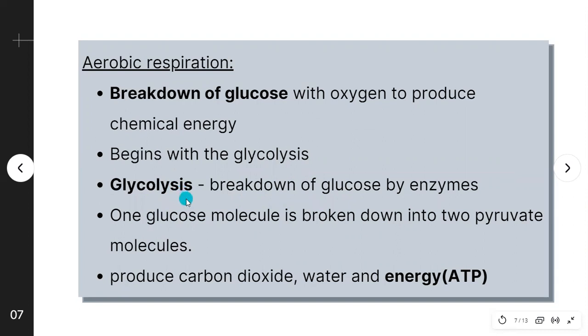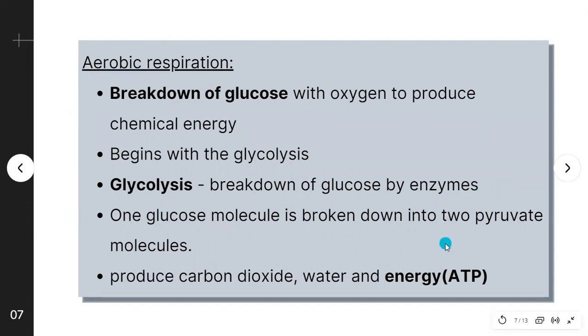You might meet other terms in the future, but for now, just know that aerobic respiration starts with glycolysis, the breakdown of glucose. One glucose molecule is broken down into two pyruvate molecules. After glycolysis, the product is another molecule known as pyruvate. One becomes two.